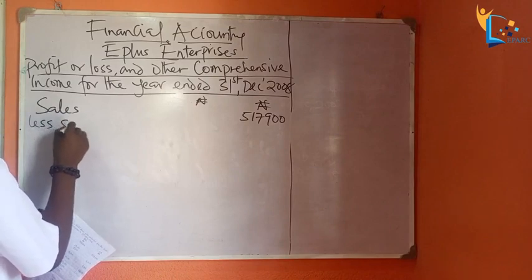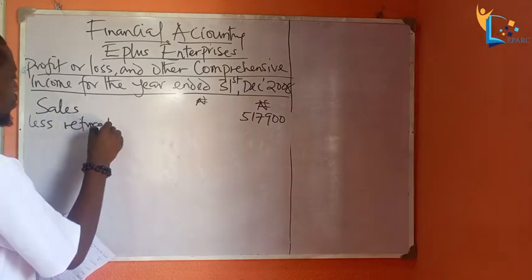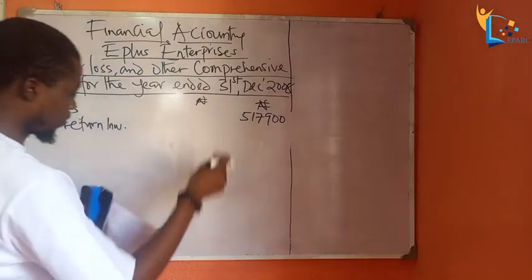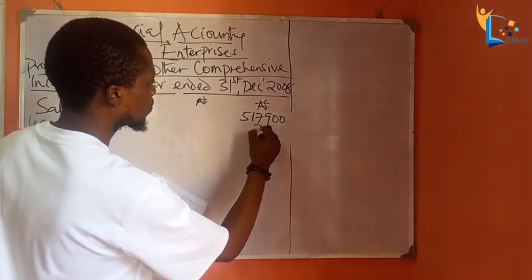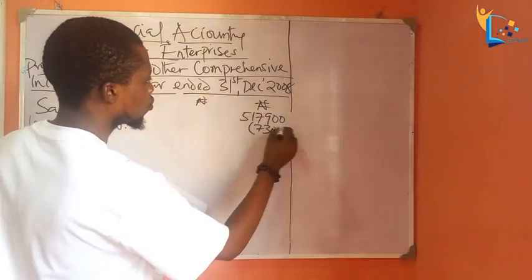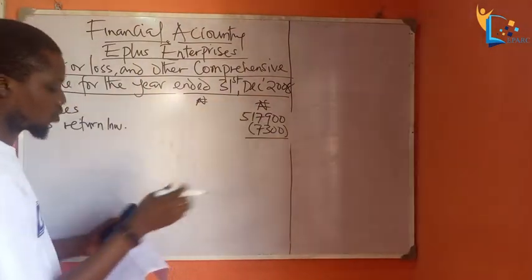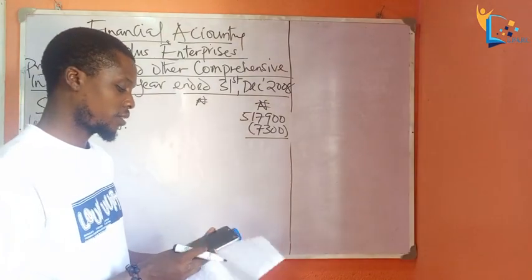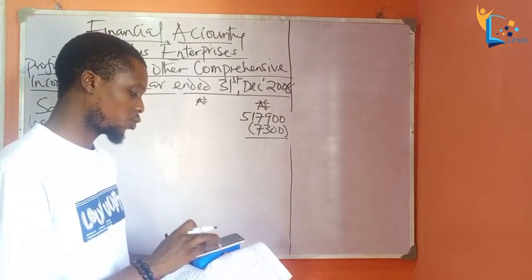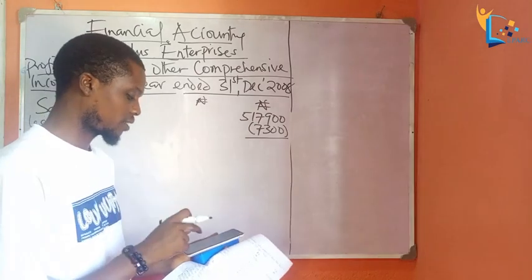Less return inwards, 7,300. So you use your brackets to indicate the minus sign. That is how we do it in accounting. You use your bracket to indicate a minus sign.